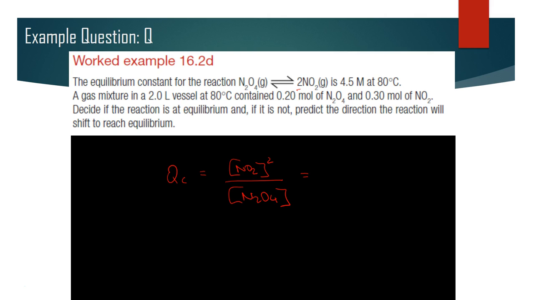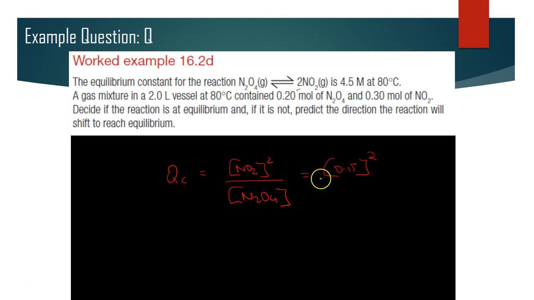And when we substitute in, we'll take our values. So NO2, okay, remembering that this is a 2-liter vessel. If it was 0.3 mole of NO2 in 2 liters, that is going to be 0.15 molar concentration.